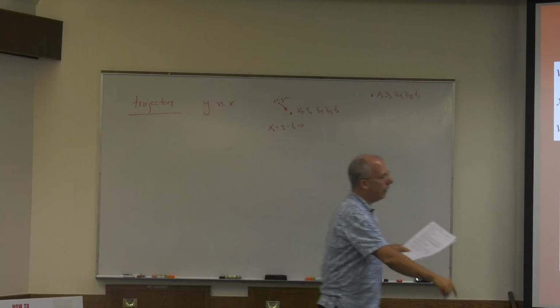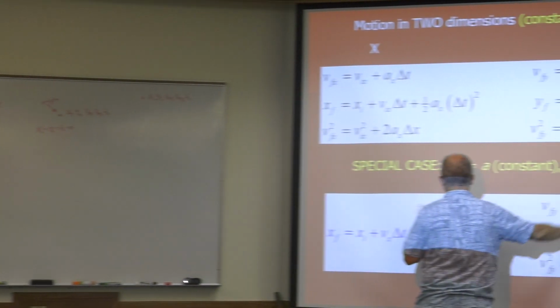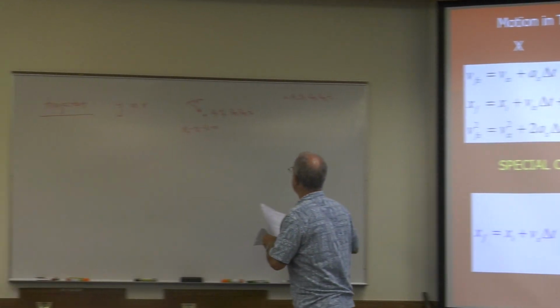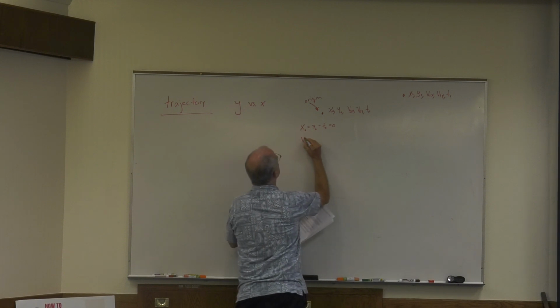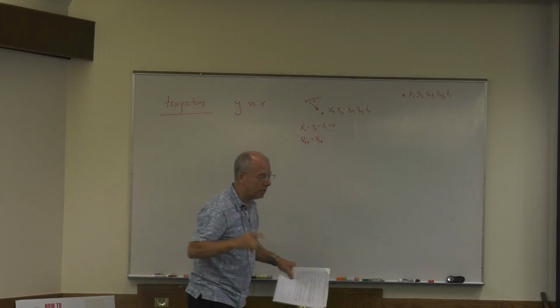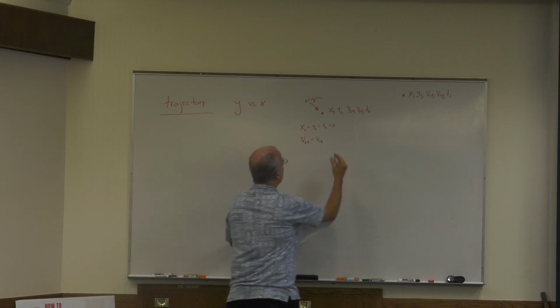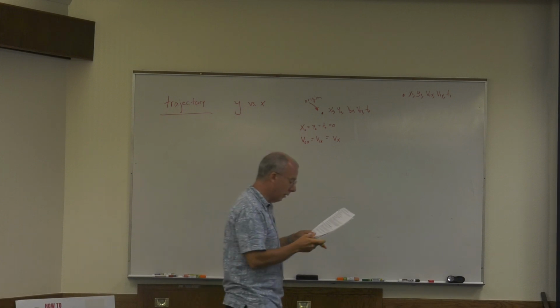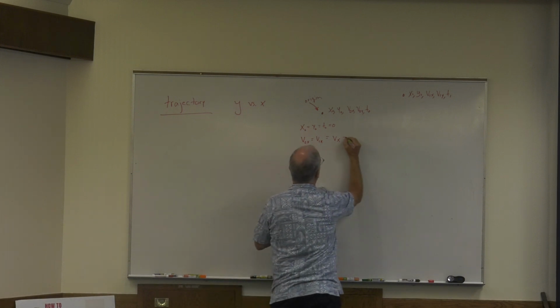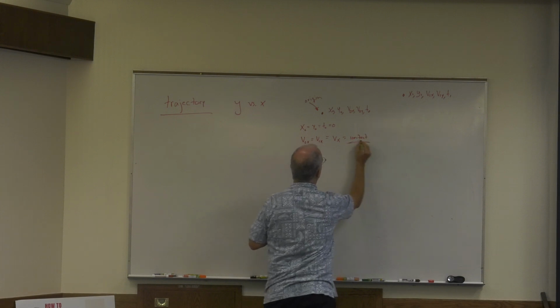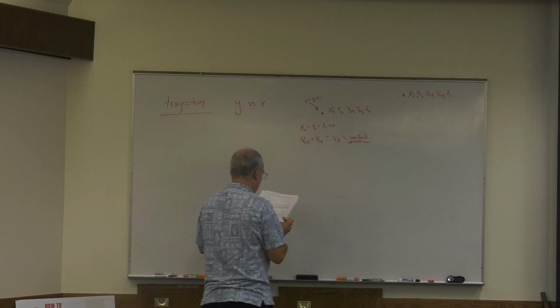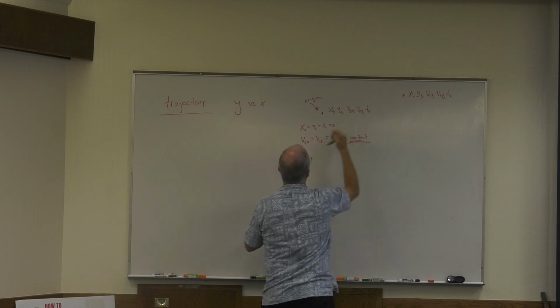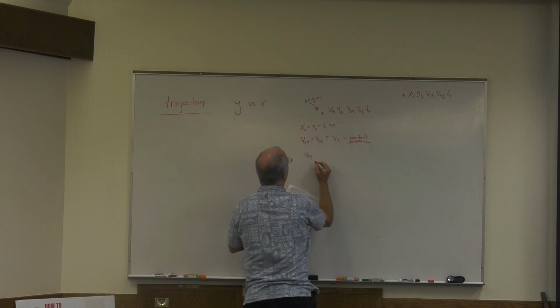Remember, ax is 0. So let's say that v0x equals v1x, because nothing changes in this direction. Let's just call that vx. It's constant because ax is 0. But what's v0y? I don't know.